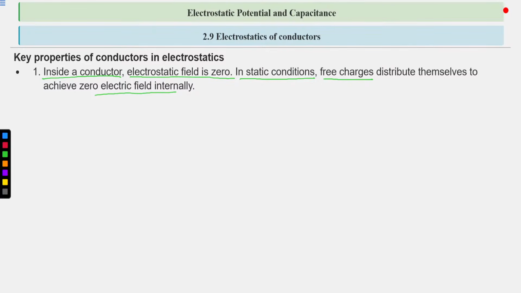We are discussing static conditions. Static condition is when no charges move. There are stationary charges. So for stationary charges, there should not be any electric field in the internal parts of the conductor. To maintain static conditions, free charges redistribute themselves to achieve zero electric field internally.